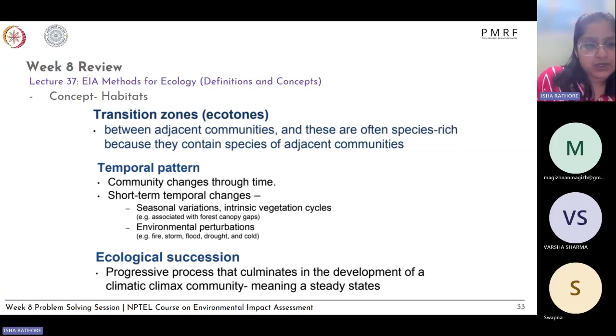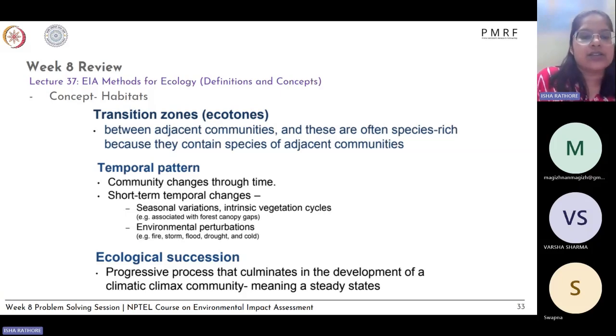We also looked at temporal pattern, which is community change through time. So short-term temporal changes are seasonal variations, which are the intrinsic vegetation cycles. So they are associated with forest canopy gaps, or these changes can also be caused by environmental perturbations like fire, storm, flood, drought, and cold. So those are temporal changes.